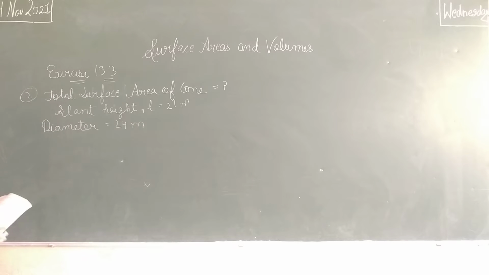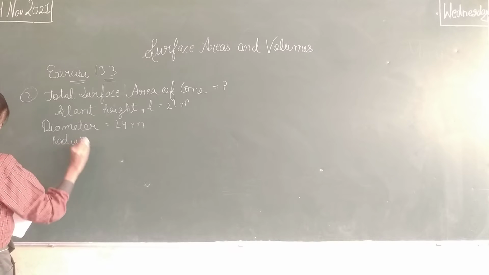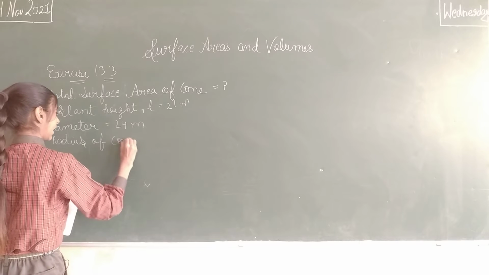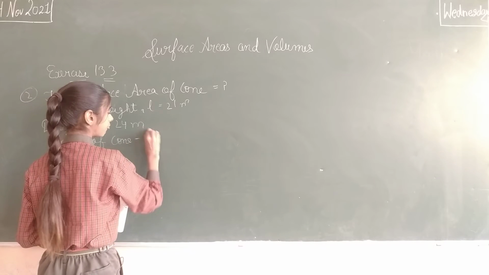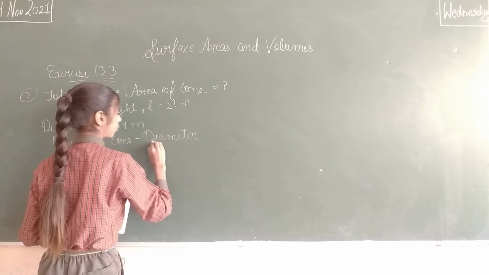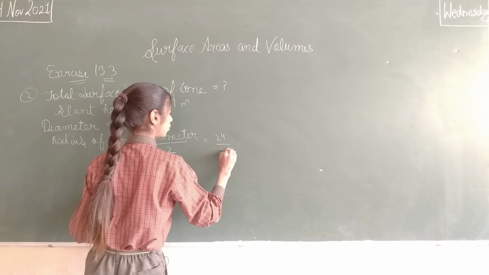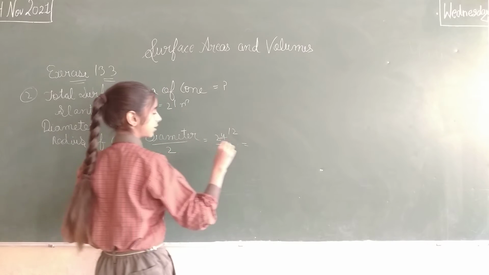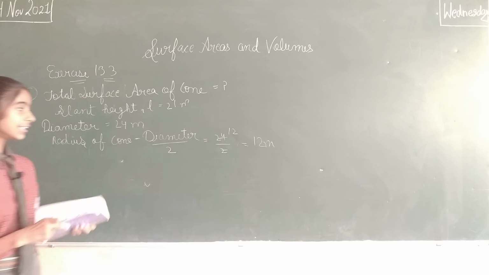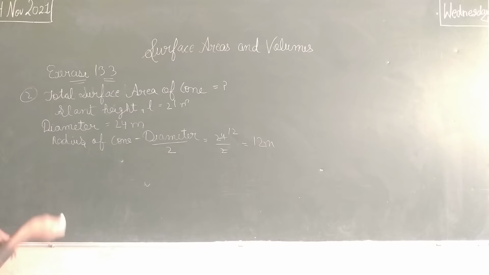So by diameter we can find out the radius of the cone, that will be half of the diameter. So diameter upon 2, 24 by 2, that will be 12 meters. So in this question we have to find out the total surface area of the cone.